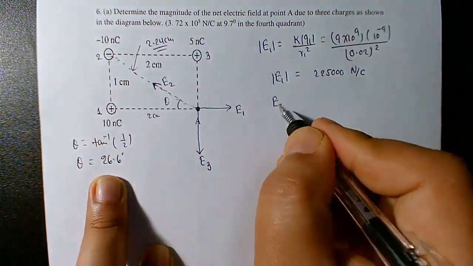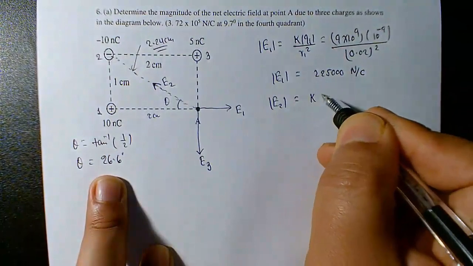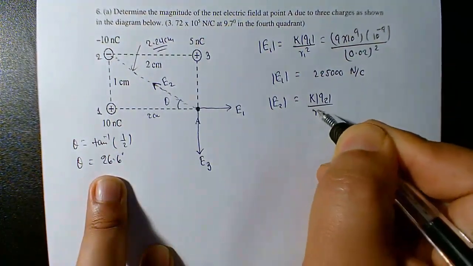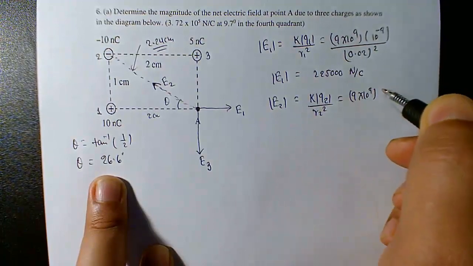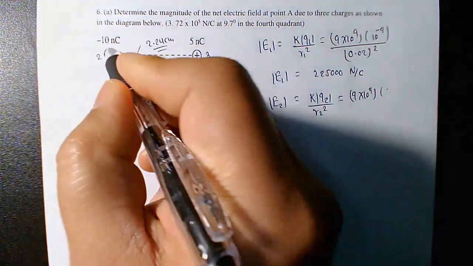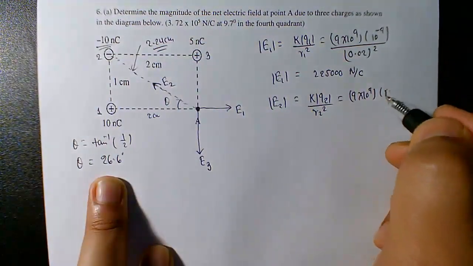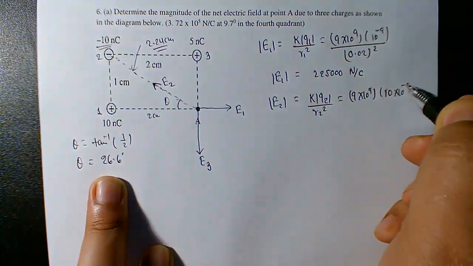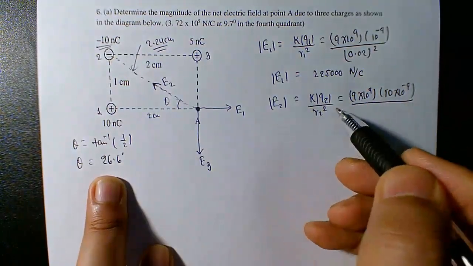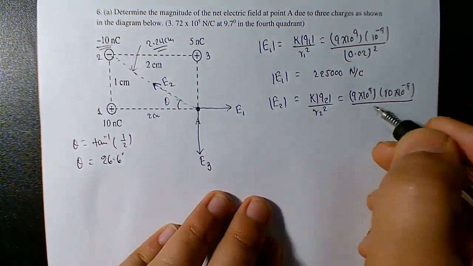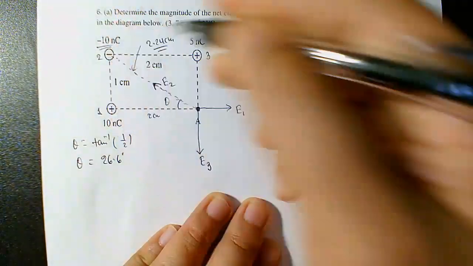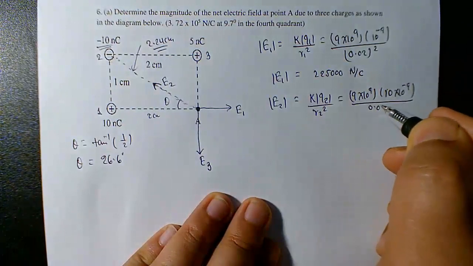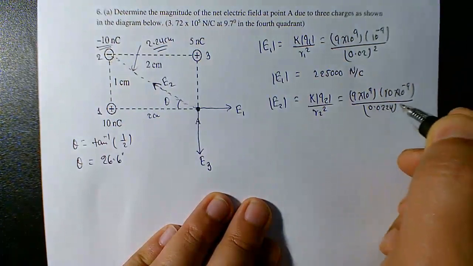So similarly, E2 magnitude is K Q2 over R2 squared, 9 times 10 to the power 9. Remember, even if Q2 is a negative charge, you just need the magnitude, because this electric field formula can only calculate the magnitude. The point is at a distance 2.24 centimeters from the second charge, so 0.0224 squared.